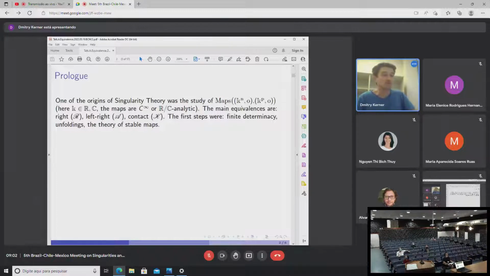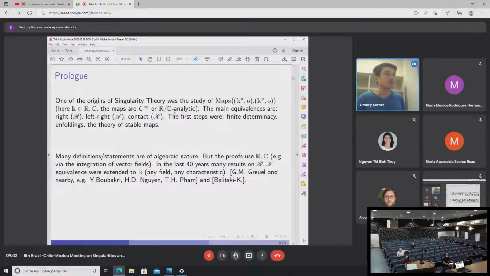At least for me, it was irritating that there should be an algebraic formulation. In the last 40 years, many results on the right and contact equivalence were extended to any field, any characteristic, sometimes with some additional assumptions, sometimes with some restrictions.